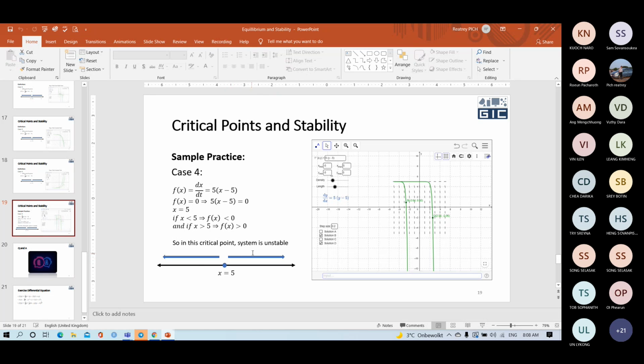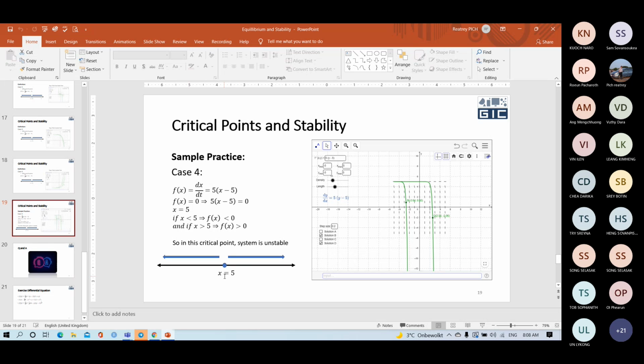As you see this arrow, it means that our system is trying to leave, L-E-A-V-E. Yes, it tries to leave the critical point. So when our phase diagram shows that the arrows try to leave the critical point, it means that our system is unstable.